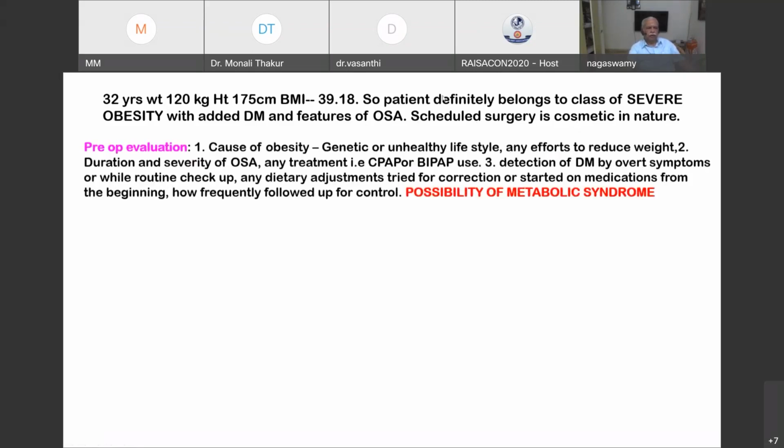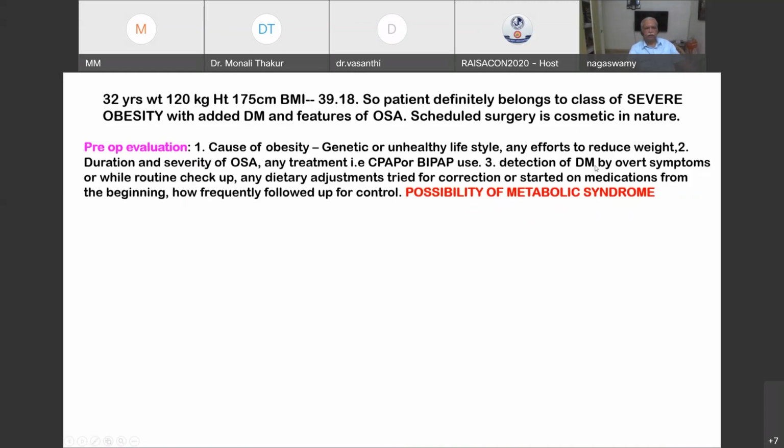Now, preoperative evaluation: what is the cause of obesity, whether genetic, unhealthy lifestyle or other; what is the duration and severity of OSA, whether any treatment like CPAP or BiPAP has been instituted or needs to be investigated and started.